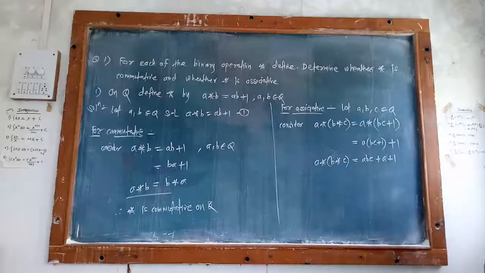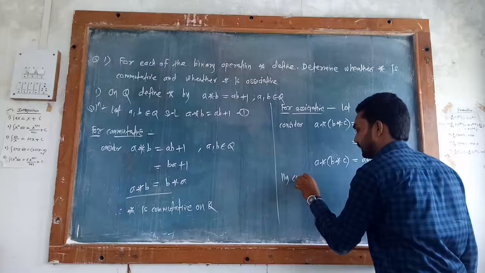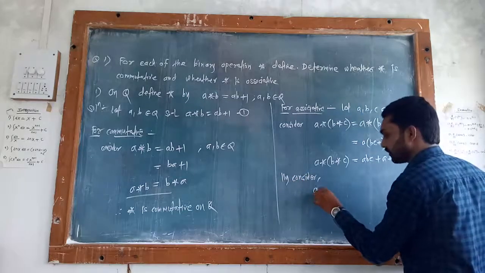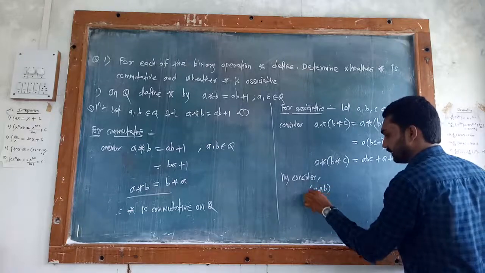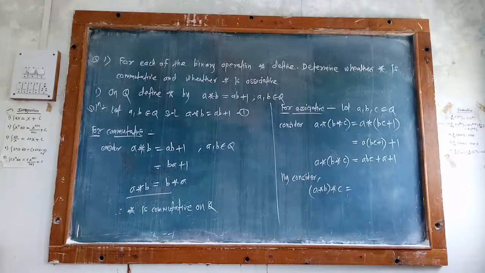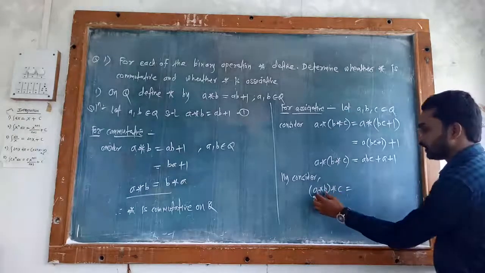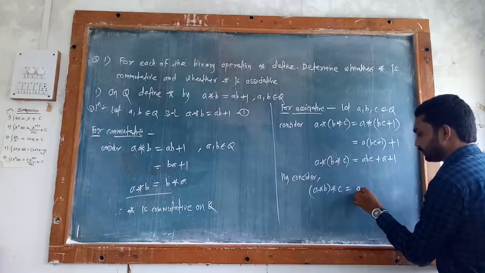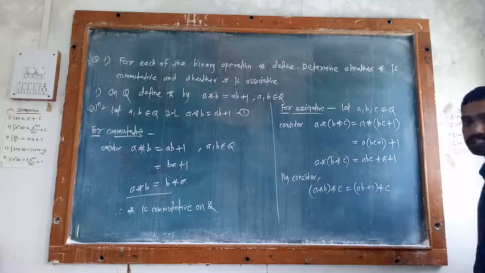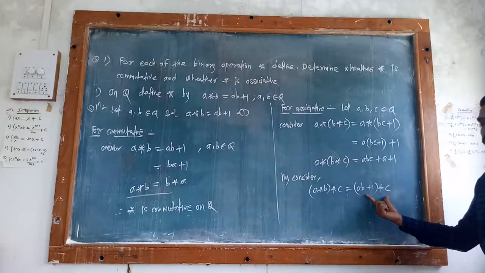Now similarly consider A star B, then star with C. What is the value of A star B? From the equation we deduce that it is AB plus 1, then star with C. Next step, we take star of those values.